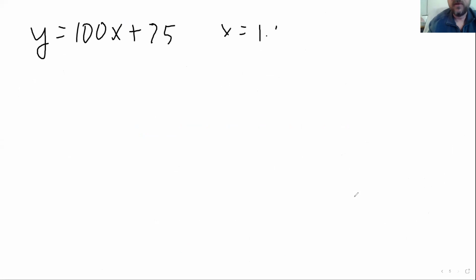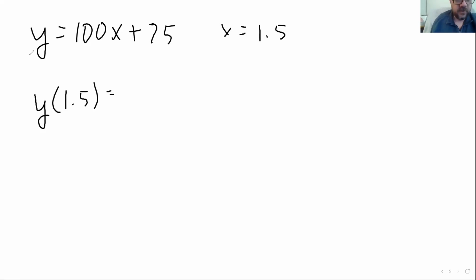That's the point of a function, right? If I have Y equals 100X plus 75, and I just put in X equals 1.5, which is how many hours 90 minutes is, I end up with Y of 1.5. This is not times, by the way. This is function notation, right? This is Y of 1.5, meaning I have put 1.5 in for the independent variable.